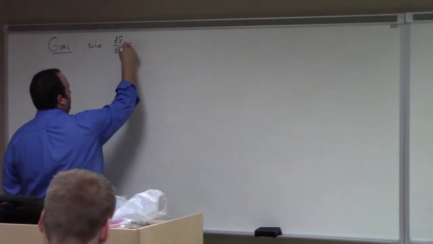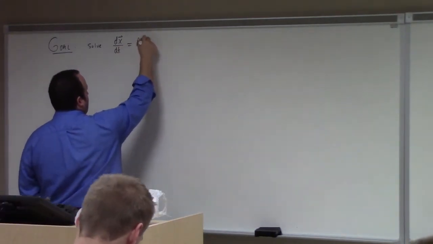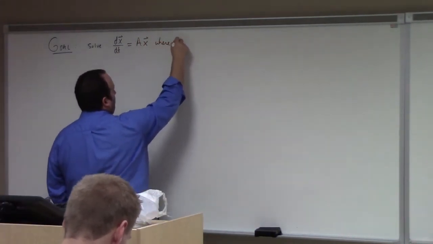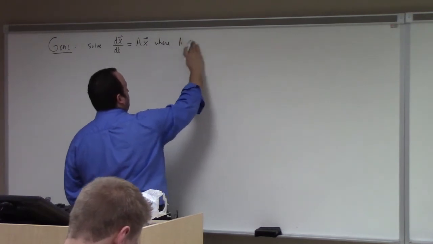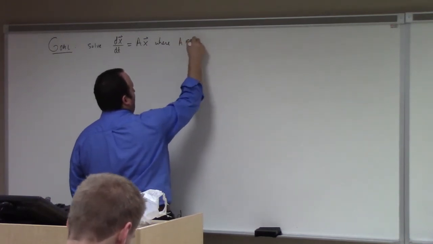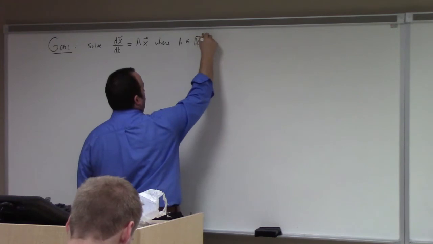All right. So again, what are we trying to do? Our goal is to solve dx/dt = Ax, where A is an n by n real matrix, right?